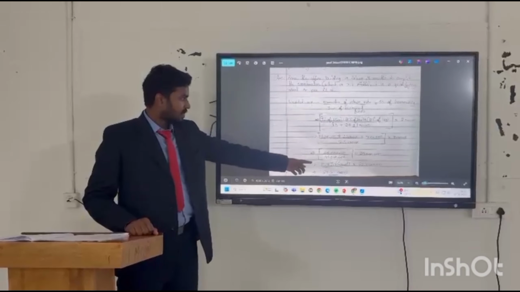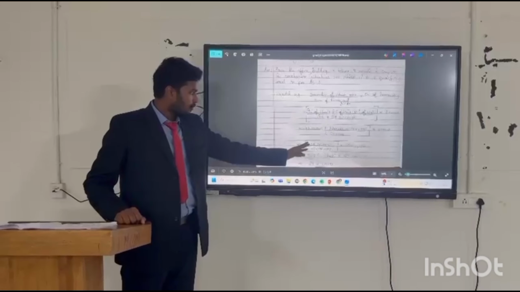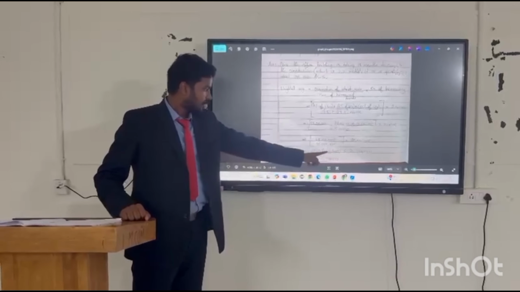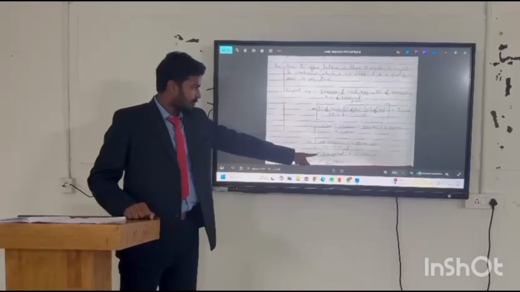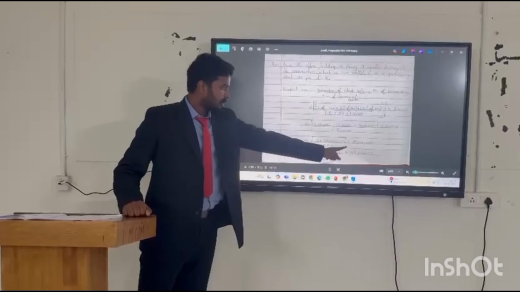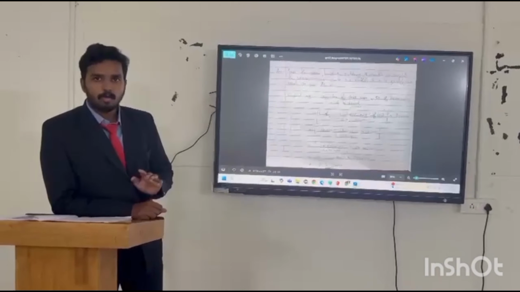And coming to the answer, we will get 48,50,000 divided by 45 lakhs into 2 crores. The answer will be 10.7% interest, and it has to be multiplied with the 2 crores, and the final answer is 21.4 lakhs. Hope you guys understand.